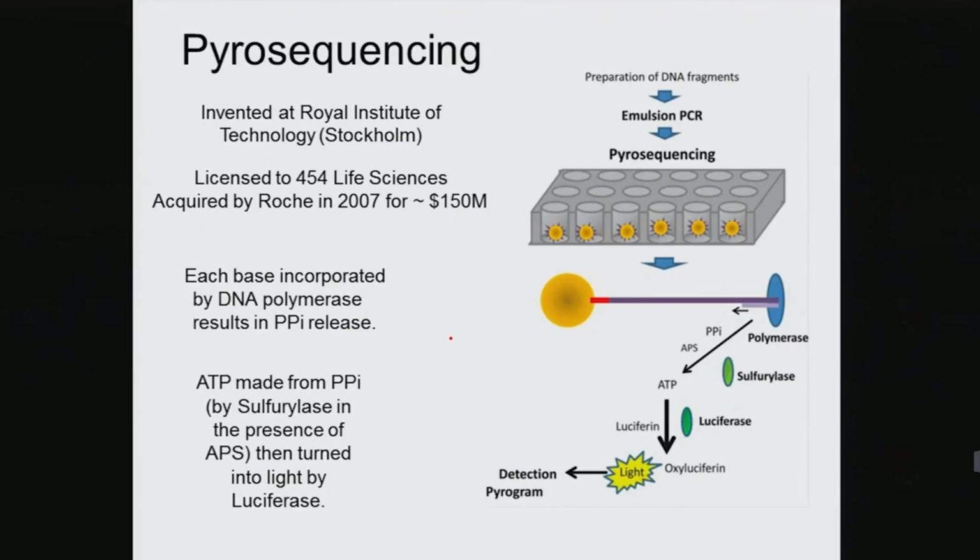So you can put your DNA sample in a well, add in the polymerase, your dNTPs. Again, you're going to wash them through one at a time, your sulfurylase, your luciferase. And if you get base incorporation, you're going to have this reaction happening and the well emitting light, which can then be recorded on a computer for detection.